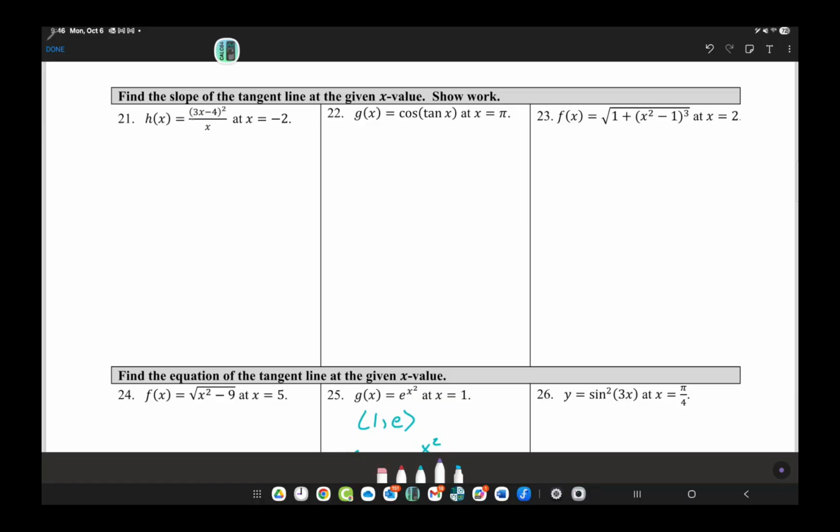So let's see here, 3x. So chain rule here. This is quotient rule and chain rule together. Now here's the thing. Could you just make this easier?